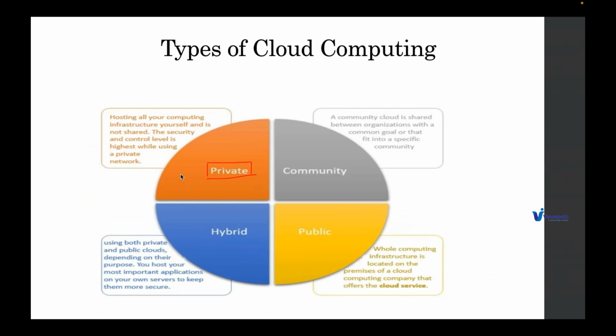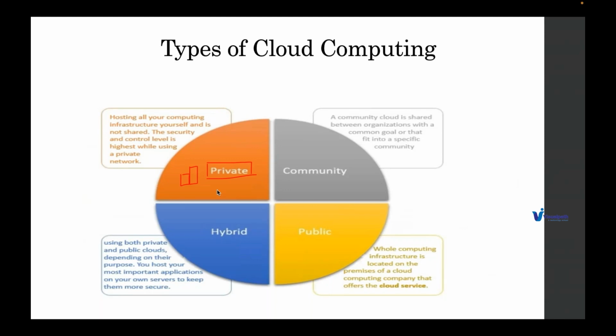Your on-premises data center we call a private cloud. You have your own IT or data center, where you manage from end to end, and it is not shared with someone. I cannot build my infrastructure in your premises. That we call a private cloud. In simple terms, your on-prem infrastructure is referred to here as a private cloud.